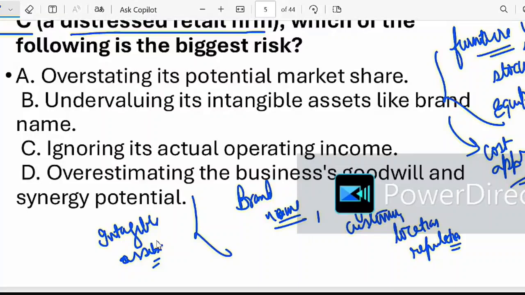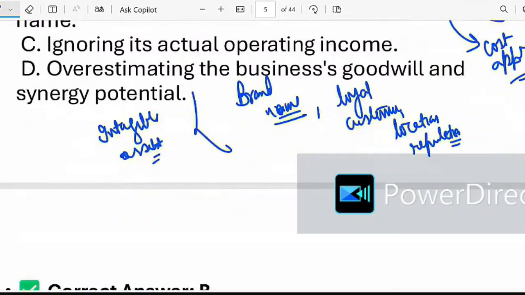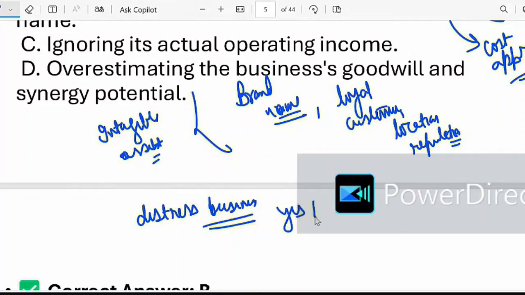So tell me, does cost approach give us the full picture of a distressed business, yes or no? I am asking you a question. Just answer yes or no. Is this statement correct or incorrect?